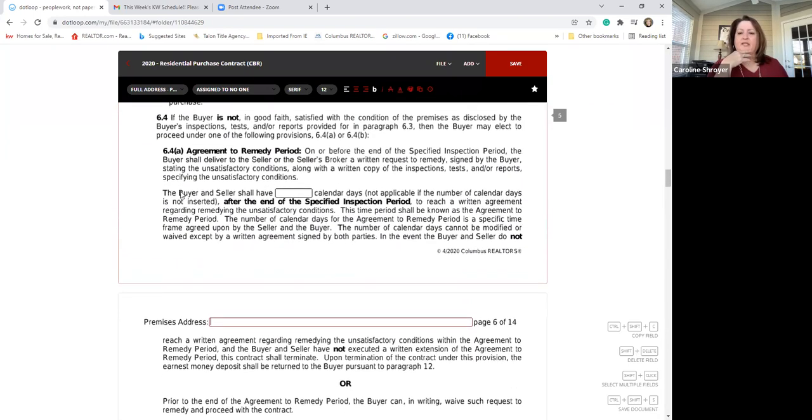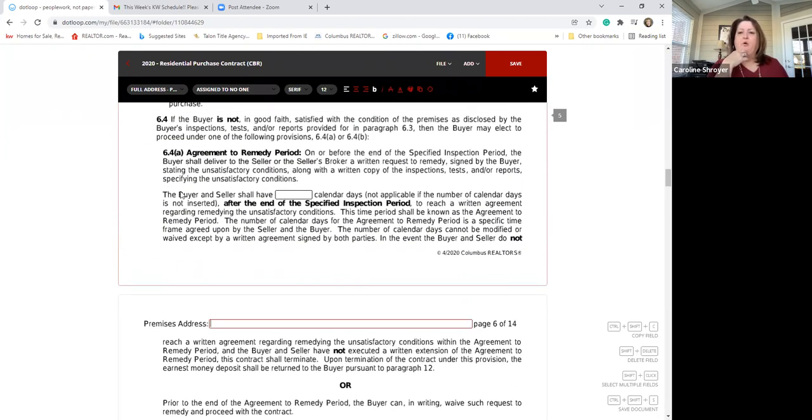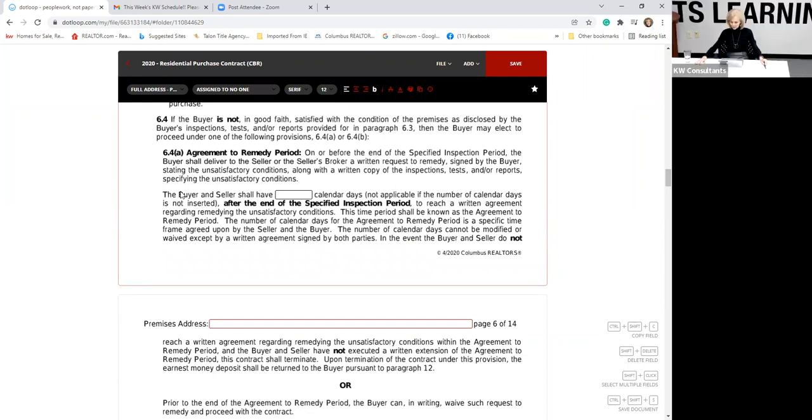And a lot of people are putting in 0 or waiving, and then some agents are taking that as meaning you're not going to terminate if there's something that you deem wrong with it. But no, you can still terminate because you didn't take that part out of the contract.